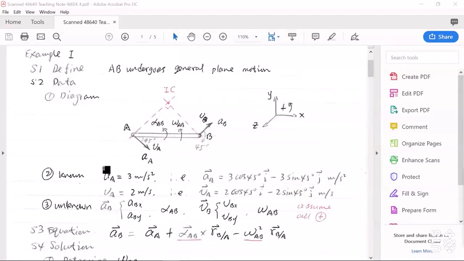Then I can list the already known parameters. AA is a vector, because vector calculation will be involved, so I express AA in vector form. Also VA, which is 2 meters per second, I express in vector form.